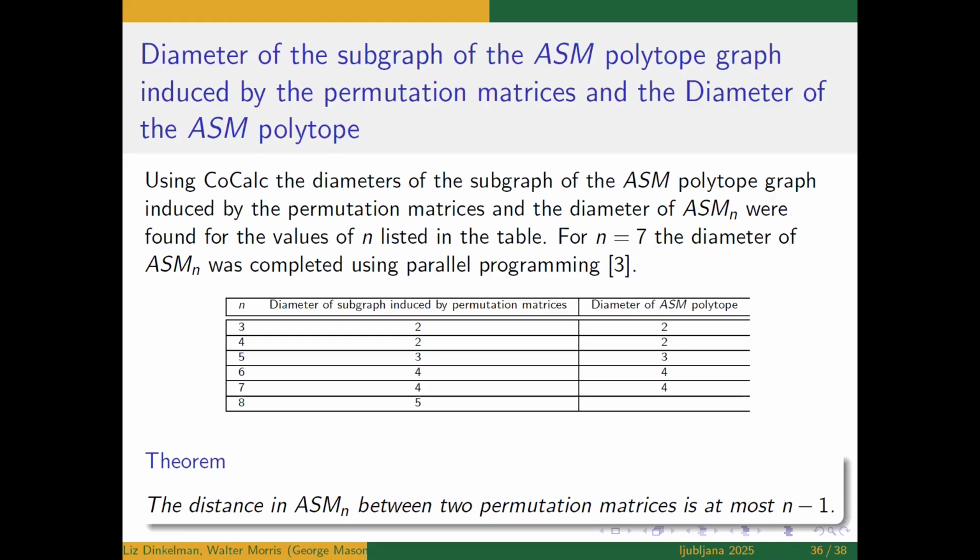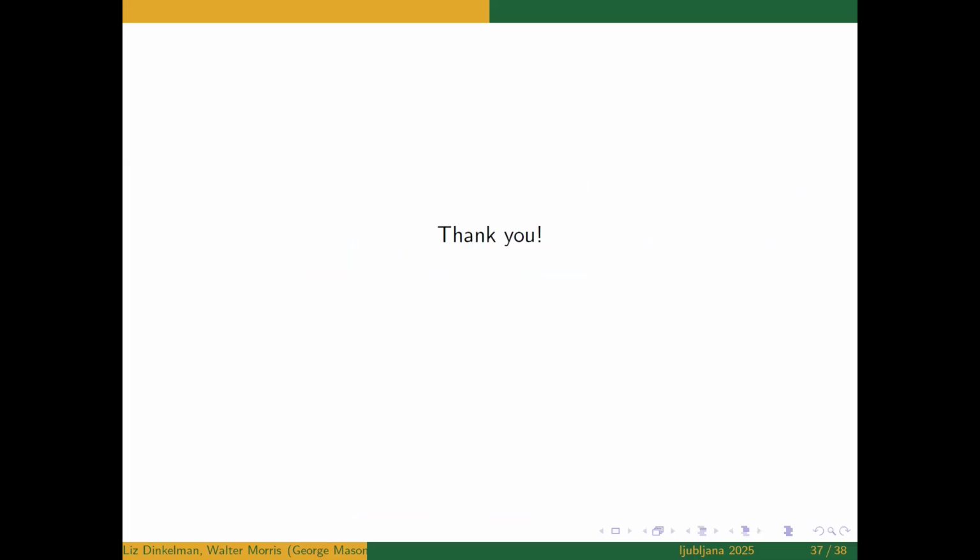But I'm very interested in finding a formula and proving it for the diameter of an ASM polytope. What I do know is that the distance in ASM sub n between two permutation matrices is at most n-1, so this does appear to be linear. Anyway, that's all I have.